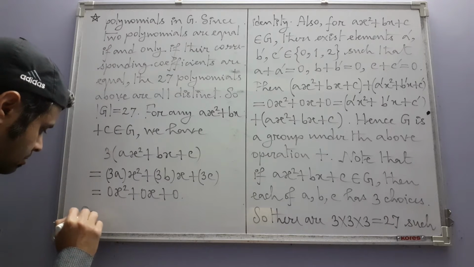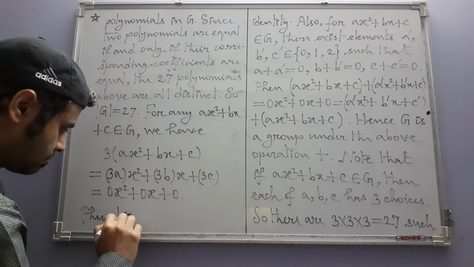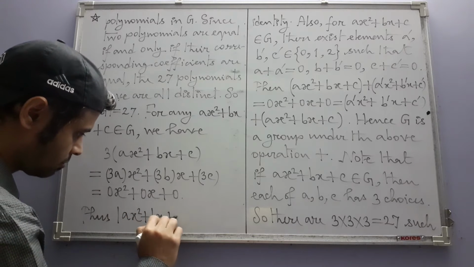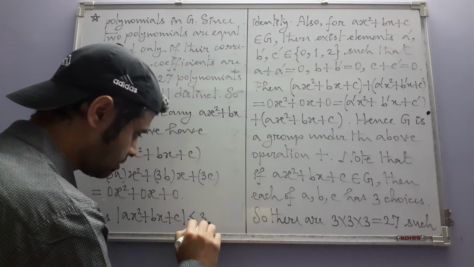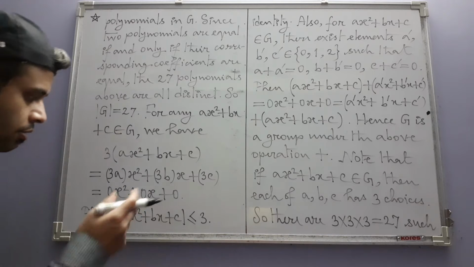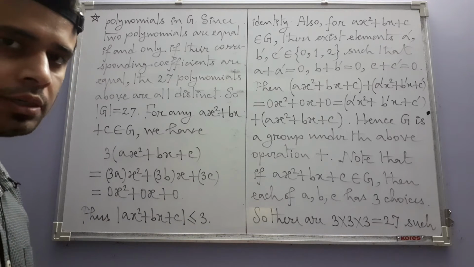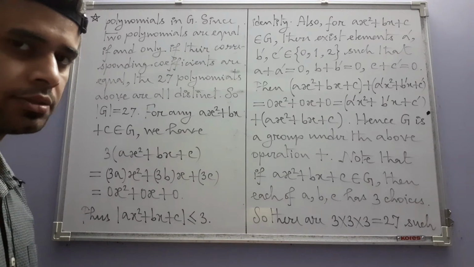Thus, the order of this is less than or equal to 3. So the order of every element is less than or equal to 3. There is no possibility of having an element whose order is 27, and that is why G is not cyclic.